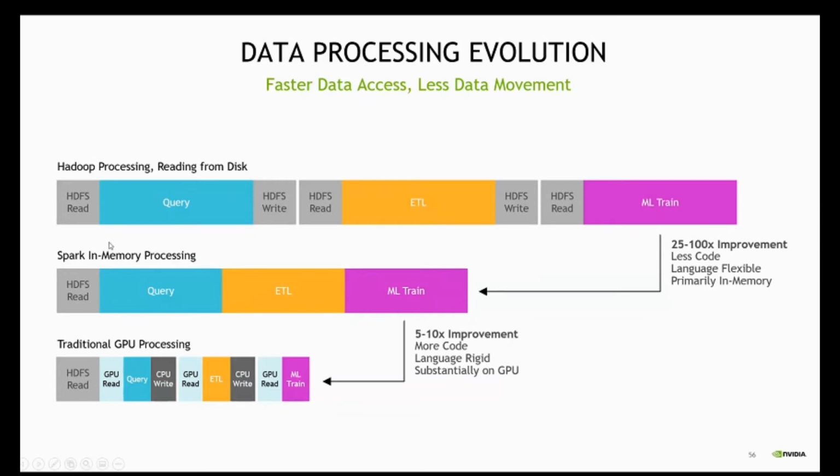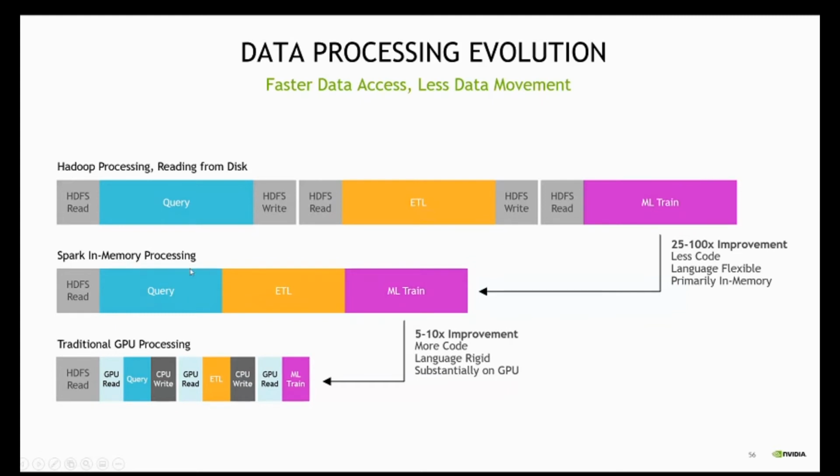That's where Spark in-memory processing came into the picture. What Spark said was: rather than reading the data, doing the processing, and then writing it, how about I take the entire data that I want to use for analysis and keep it in memory? When I say keep it in memory, that means I keep it in the RAM itself. You load all that data in Spark in-memory blocks in the RAM.